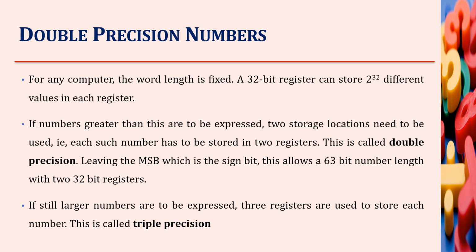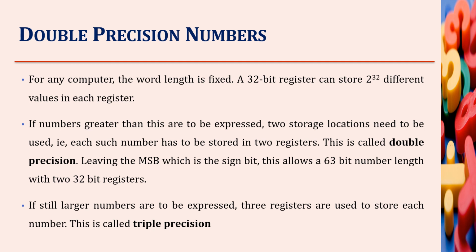Okay, leaving the sign bit or the MSB bit, this allows a 63-bit number length with two 32-bit registers. Okay, so 32-bit registers are used, so we'll be getting 64 bits. Out of this 64 bits, 1 bit, that is the MSB bit, is reserved for the sign bit, and the remaining 63 bits can be used for storing the numbers.